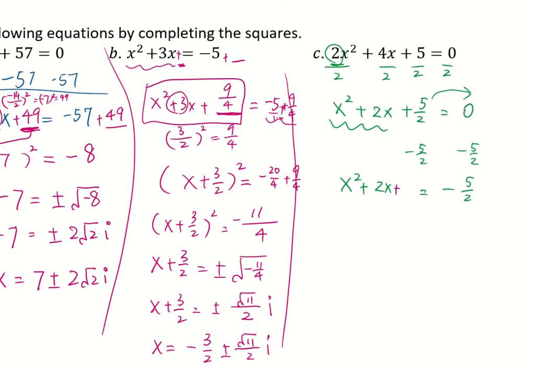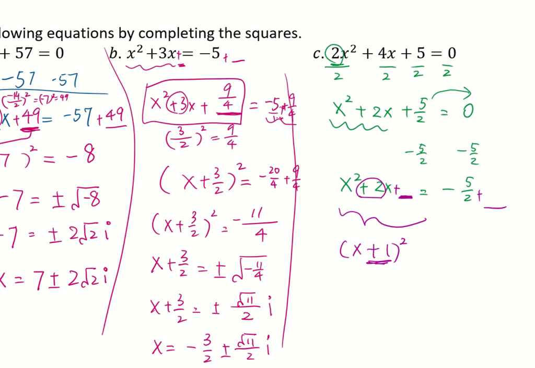Now I'm going to add a number on both sides of the equation so that the left three terms become (x + 1) squared, right? How do I get the plus 1? Because it's always this middle number divided by 2. So 2 divided by 2 is 1. So what is this number here?